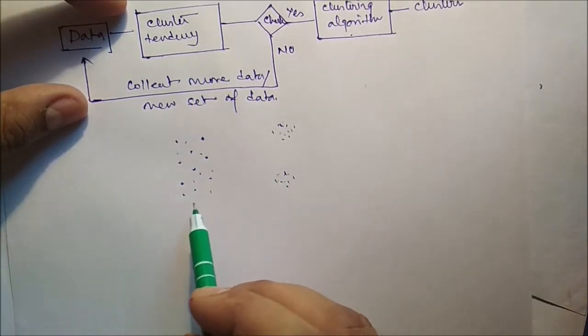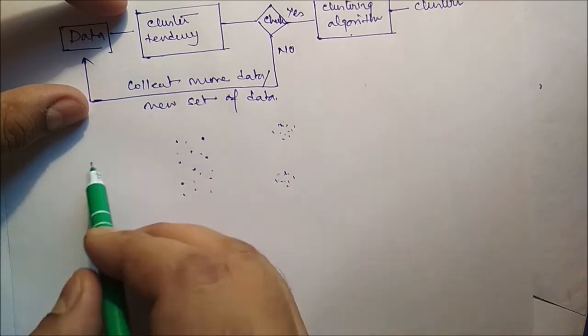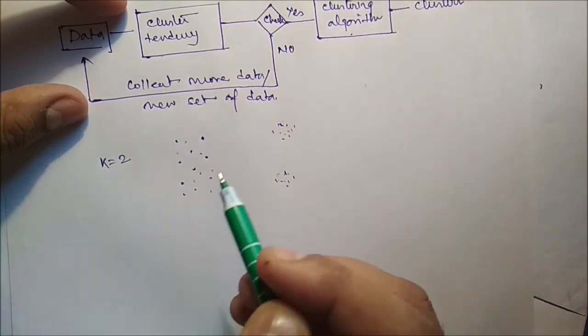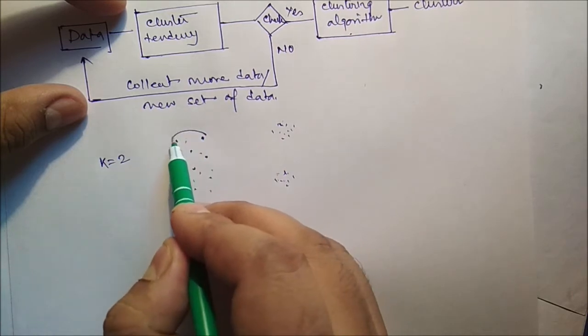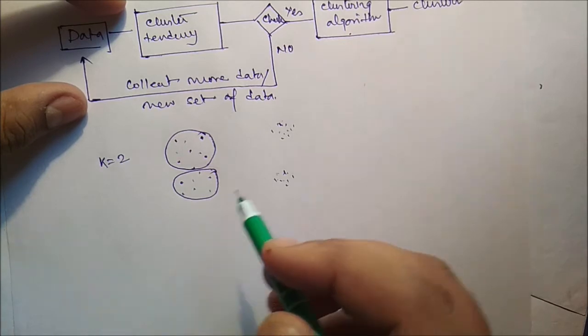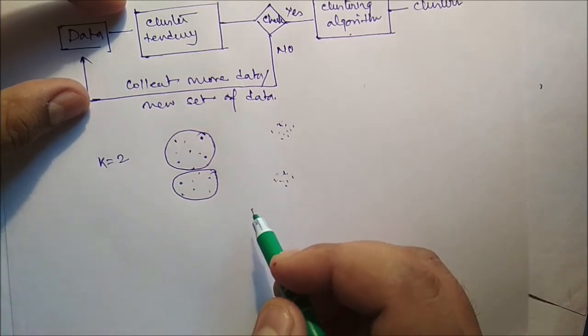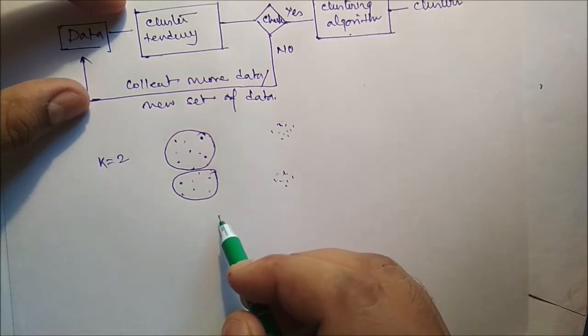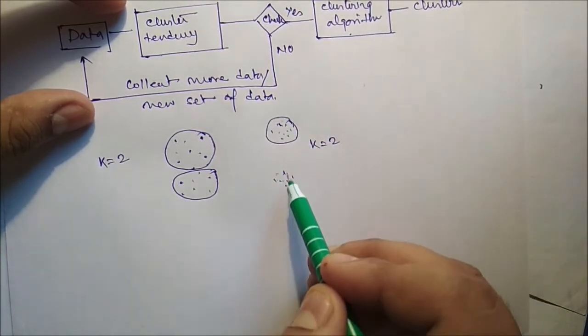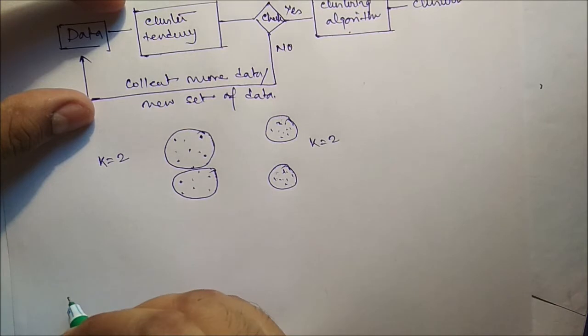Now suppose you want to apply a K-means algorithm and the value of k is equal to 2, so the K-means algorithm will identify the groups anyhow. It doesn't matter whether clusters are there or not; if you apply the clustering algorithm, it will identify the clusters.